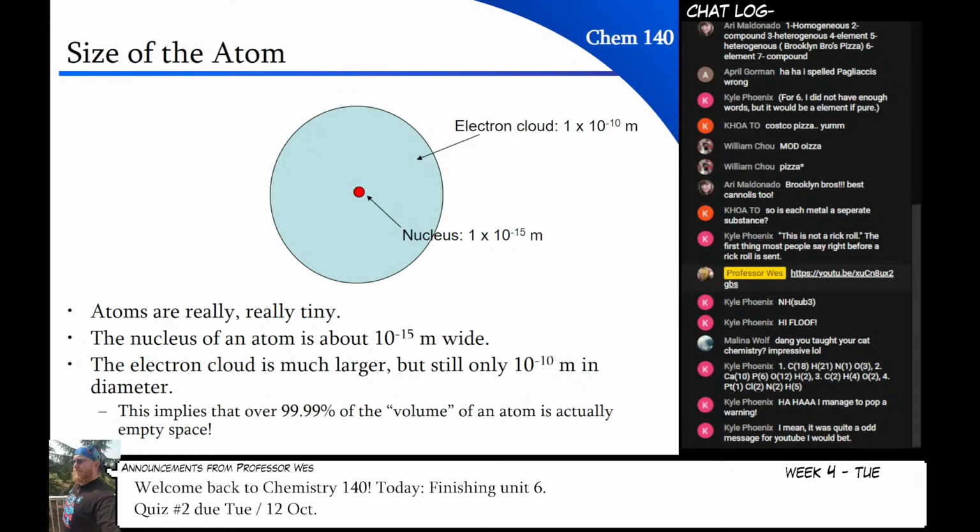So that would be outside of your apartment or house, and probably a ways down the road. That's quite a distance. So, in other words, this diagram is way smaller than it should be.